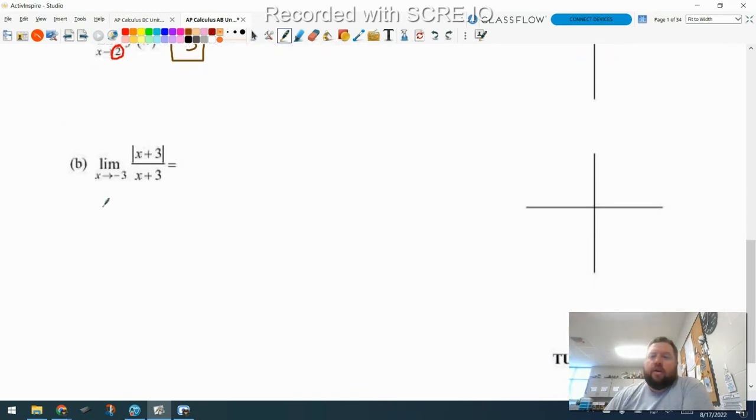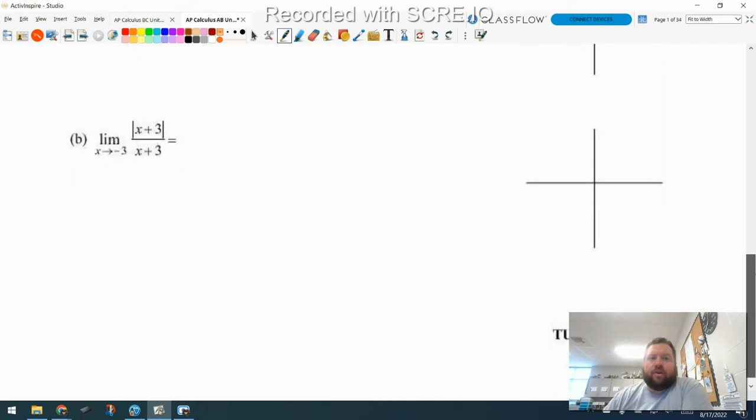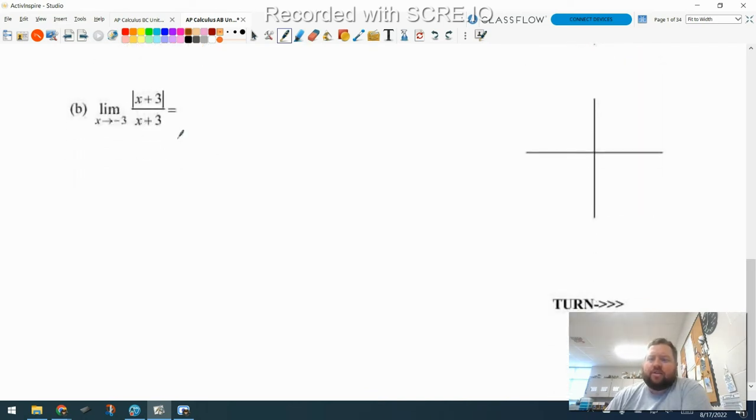All right, this one is a little bit tougher of a question. You haven't seen a function like this very much, so we're going to make a table. I'm going to have us make a table here, x and f of x, which is equal to the absolute value of x plus 3 divided by x plus 3.